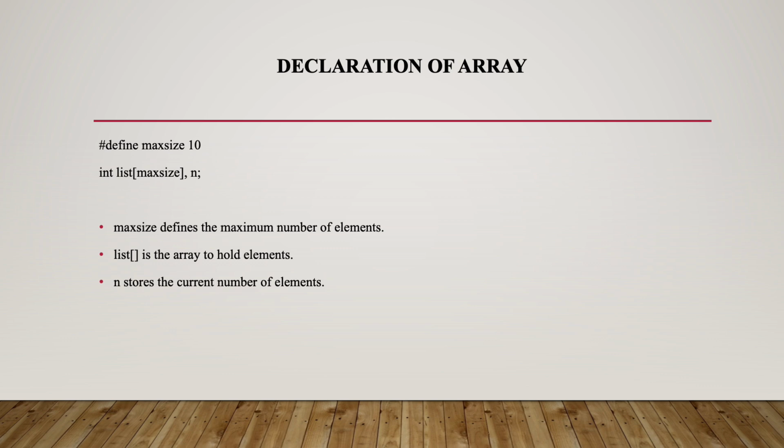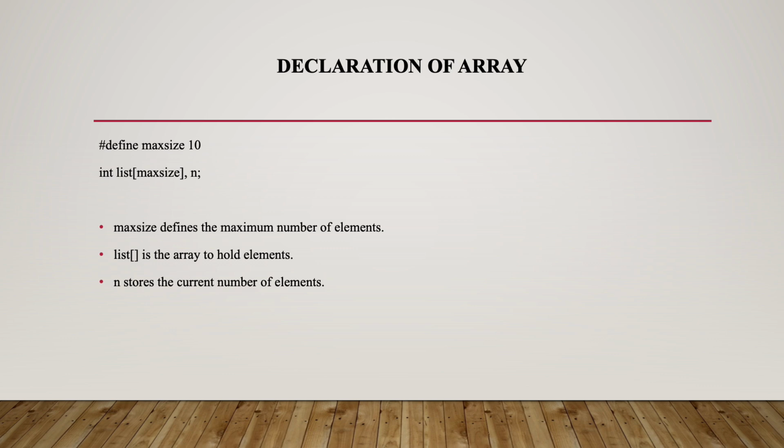Now let's break down what this means. The word int tells the computer that we are going to store integer numbers, like whole numbers without decimals. Next, list[MAX_SIZE] creates an array called list, and it has space for 10 numbers, because the maximum size we defined is 10.